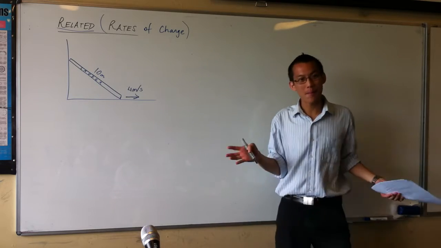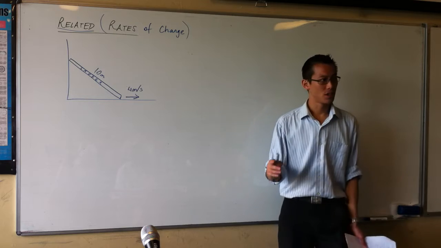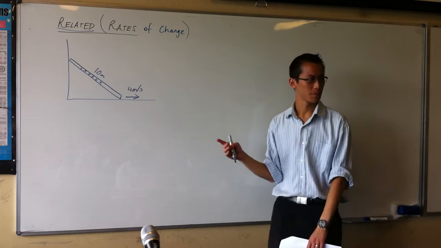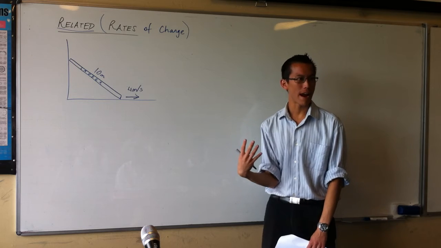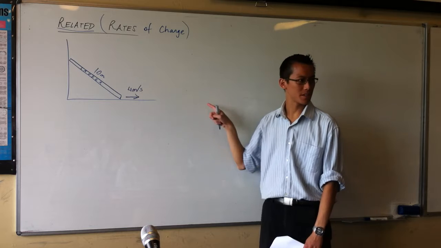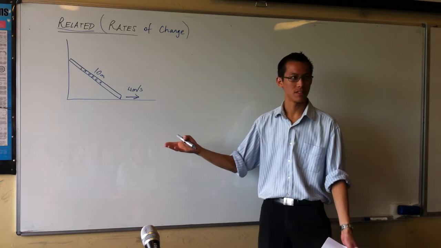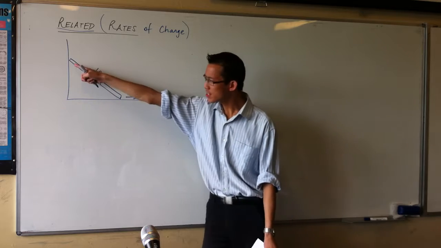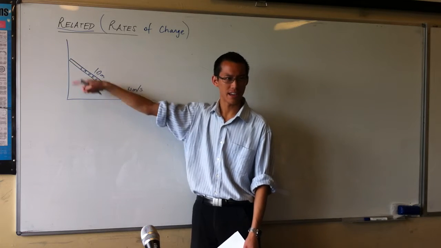Now, here's what I mean by simple question, simple numbers, and simple functions, but very counterintuitive. Everything in my brain says, if this is going at 4 meters a second and it's constant, surely this is also going at 4 meters a second, and it's constant.